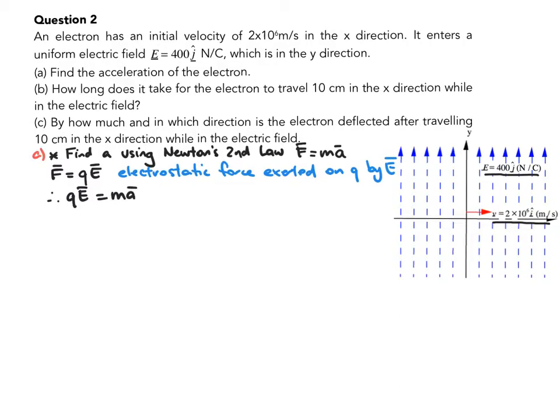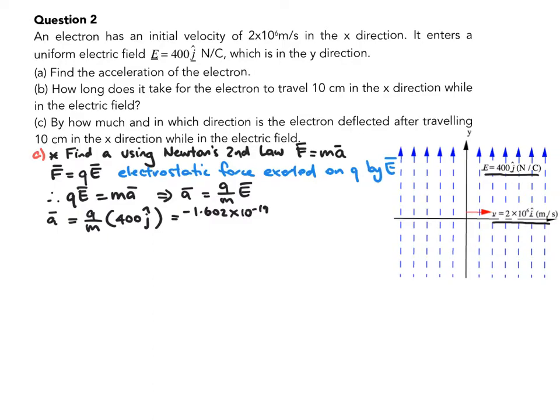That's nice. So therefore, the acceleration is equal to Q on M times E. So acceleration is equal to Q on M, and E was 400 j. The charge on an electron is 1.602 by 10 to the minus 19.